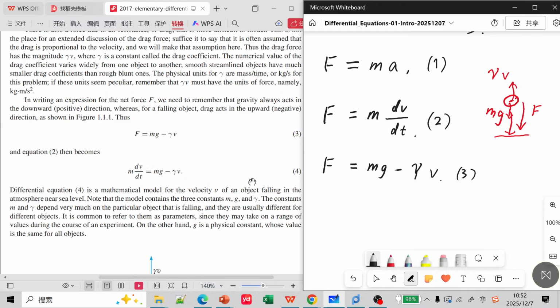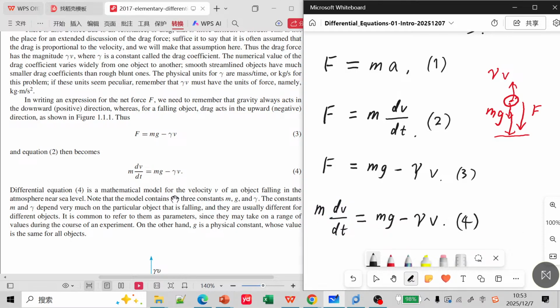We can get the fourth equation: m times dv over dt is equal to mg minus gamma v. This is the fourth equation, differential equation 4. Because here it is an equation with a derivative, it is a differential equation.